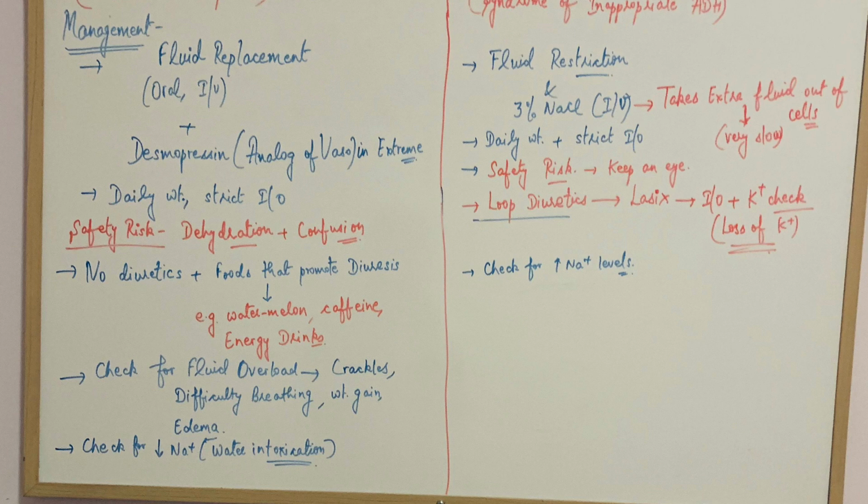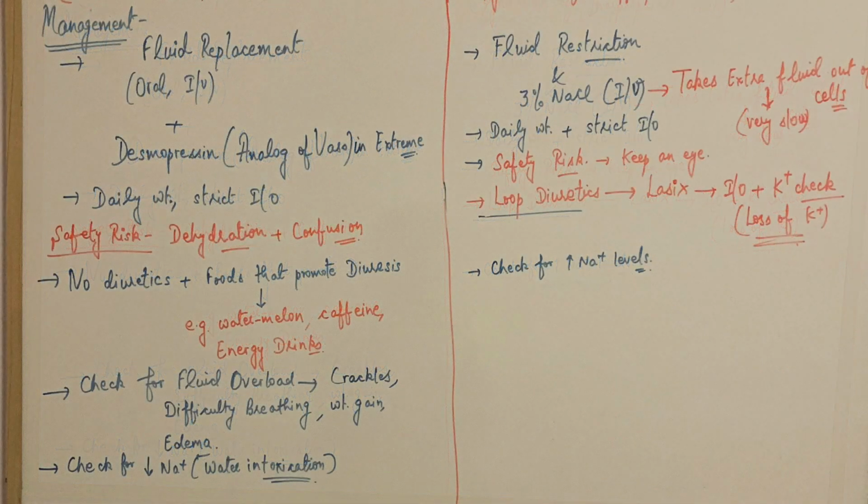Moreover, in diabetes insipidus, there is suppression of ADH hormone, there is less production of ADH, so we have to give external ADH hormone. The other name of ADH hormone is vasopressin, as we all know, and the external vasopressin which we give is desmopressin.